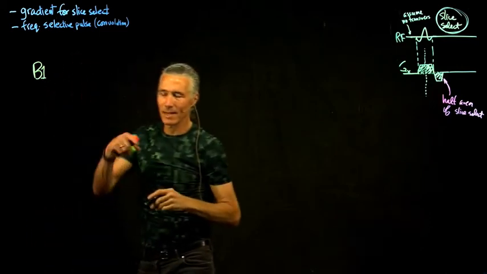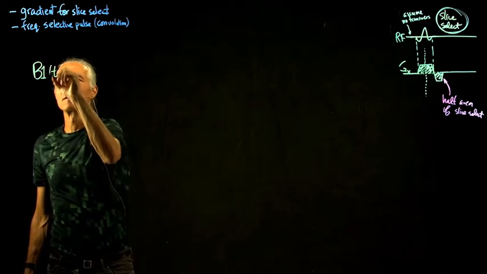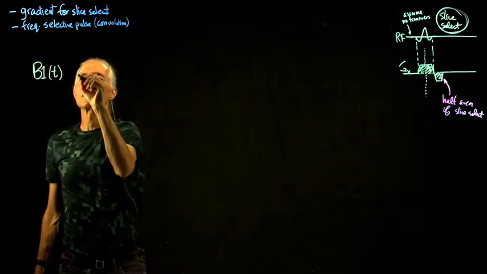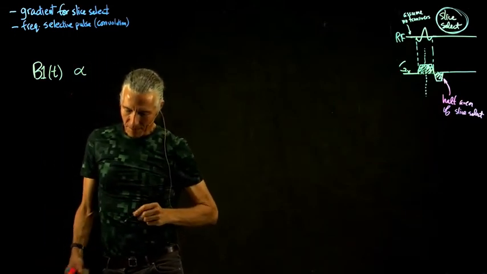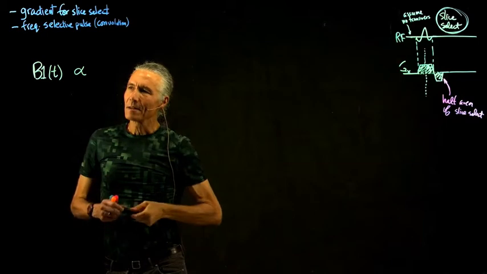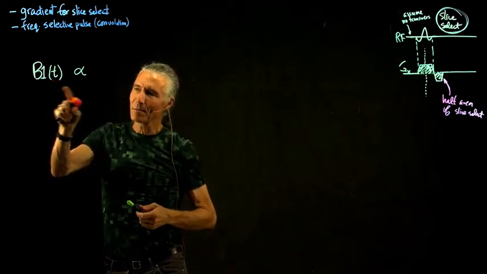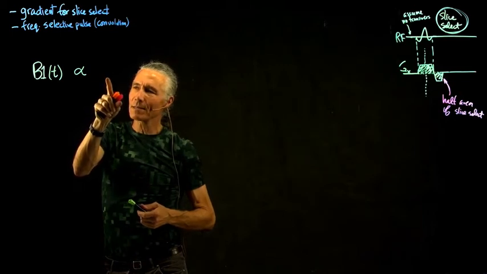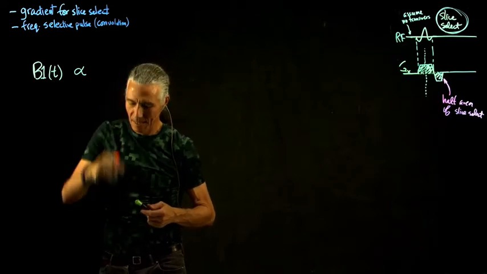So this is the XY component as a function of time. And so we're going to write that out as a Fourier transform of the frequency in the pulse. So this is time and this is frequency.